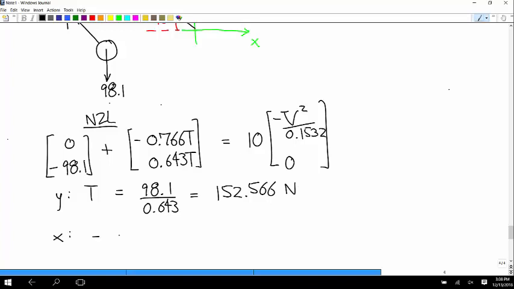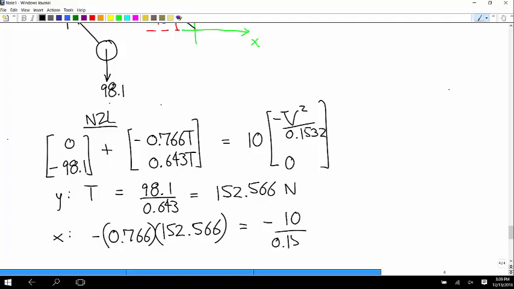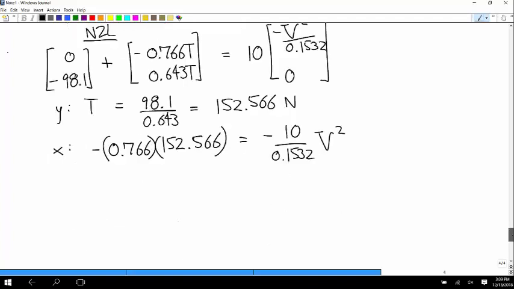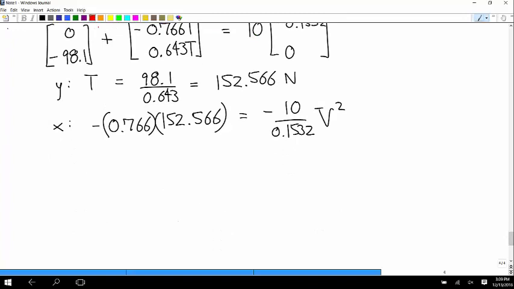So negative 0.766 times 152.566 is equal to negative 10 over 0.1532 v squared. So it's going to come out positive, which is good because that's squared. You can't have a negative variable squared.